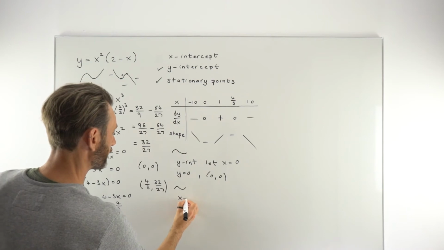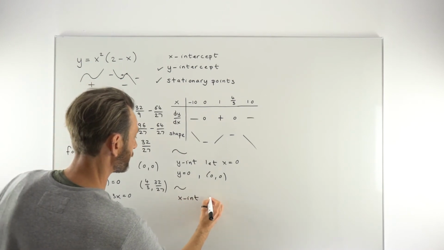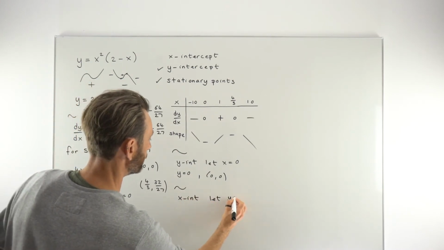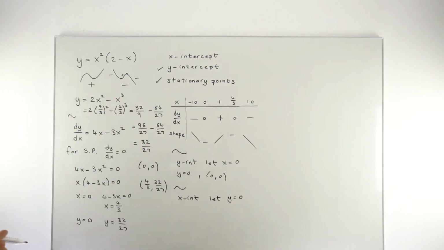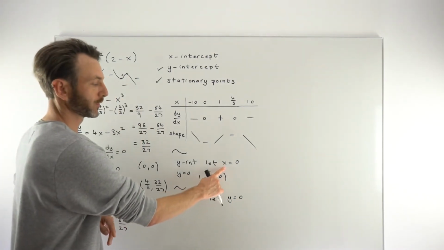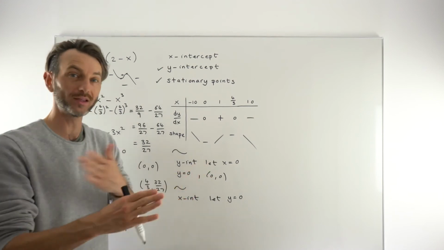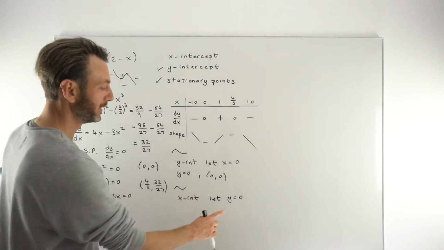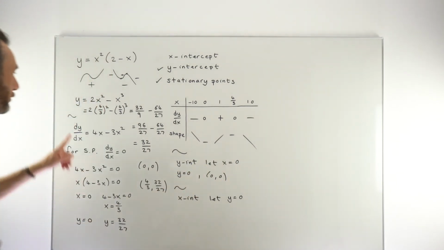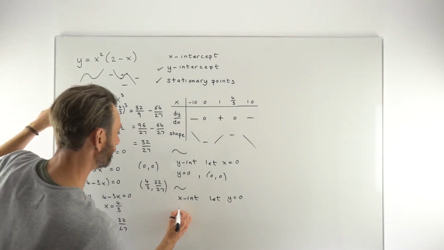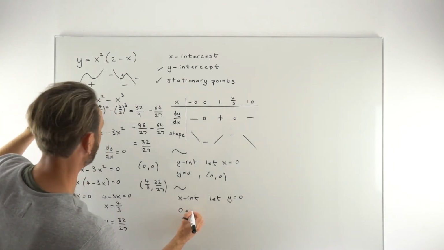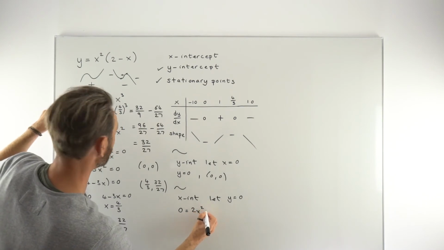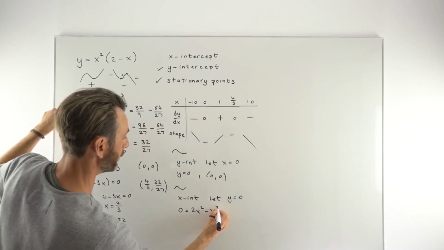Finally, getting our x-intercept. So for the x-intercept, we're just going to let y be 0. This one tends to be a little bit more difficult because with this one, you're just subbing in 0 for all the x's, which tends to just wipe out a bunch of terms. When you're letting y be 0, you're putting the 0 on the left-hand side, which is giving you a little equation to solve. So we now need to solve this equation. We're going to have to do that by factorizing.